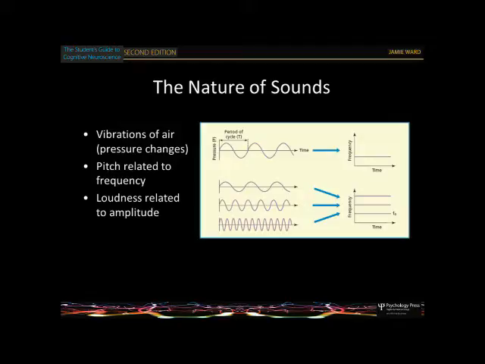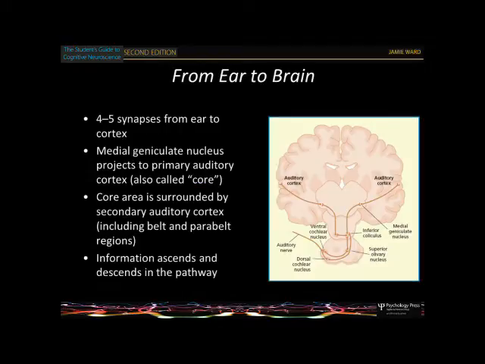So even though a sound is coming from a single source, a single object in a single location, it's typically made up of multiple frequencies and multiple loudnesses. So you can't just figure out what objects are out there just by tuning into single frequencies, single loudnesses. It's more complex than that. It's about how things change over time.